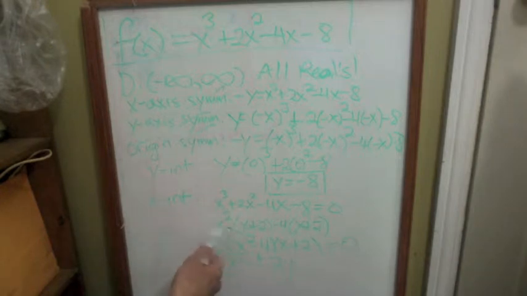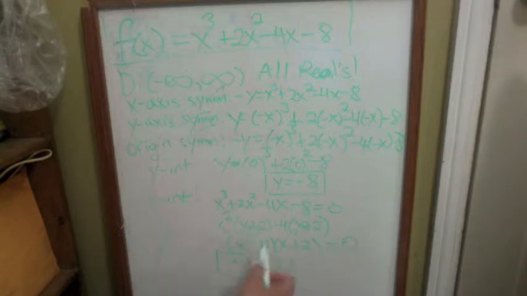For this function, I'll do some quick grouping, and what results is x squared minus 4 times x plus 2, and set that equal to 0, and we'll get x equals plus or minus 2, because you'll just bring that 4 over, you'll get square root of 4, which is plus or minus 2, and this is just going to give us the same thing.